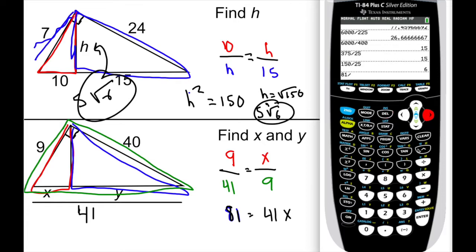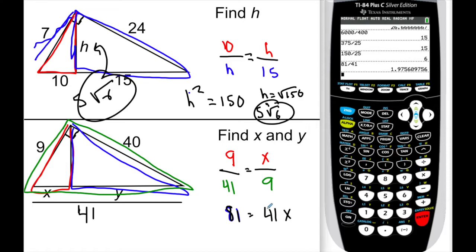So I'm going to do 81 divided by 41. 1.97, darn. So x equals that. I wonder what we'll get if we do it with y. Let's try the other one. If I set up a similar proportion, 40 is the hypotenuse of the blue, and 41 is the hypotenuse of the green.